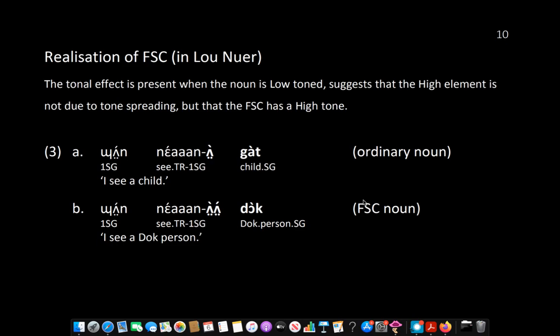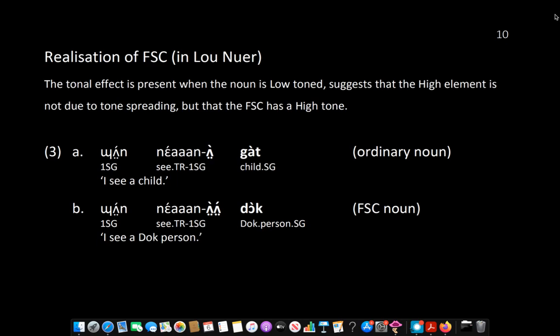Now, examples in 3 show that the tonal effect is present even when the tone on the noun is low. This suggests that the high element of the vowel here is not due to tone spreading, but that the FSC consists of a high tone. I will now play the 2 sound files.